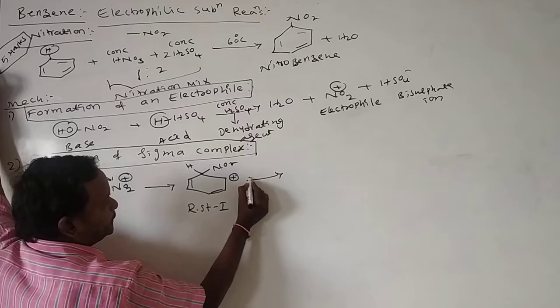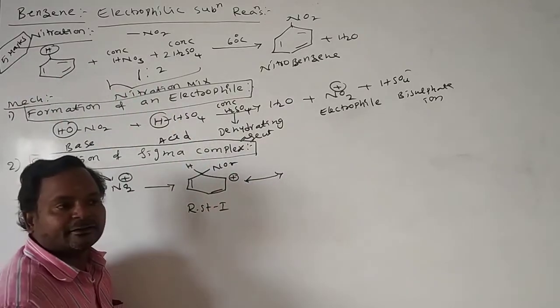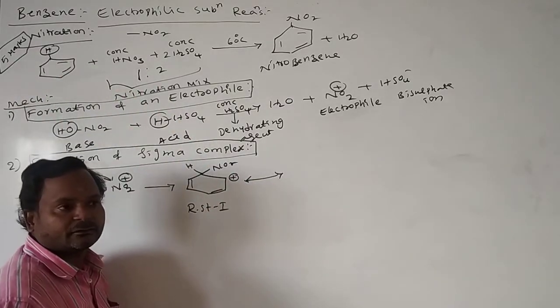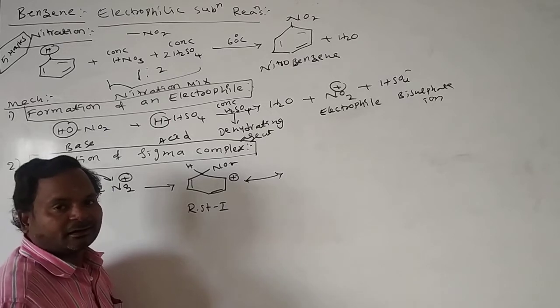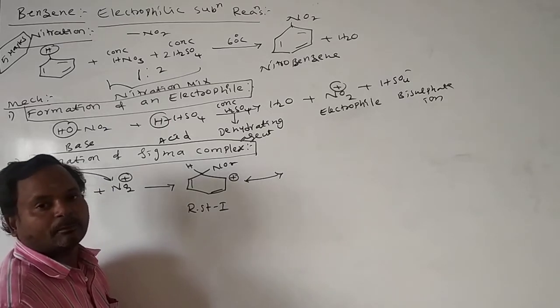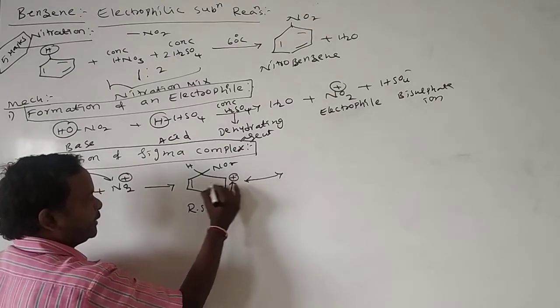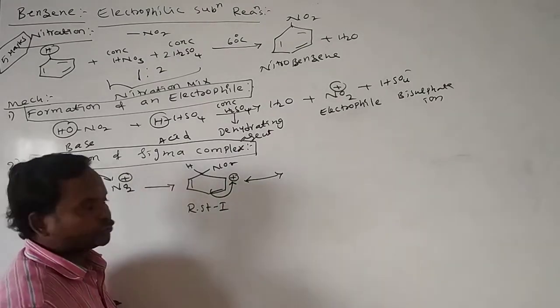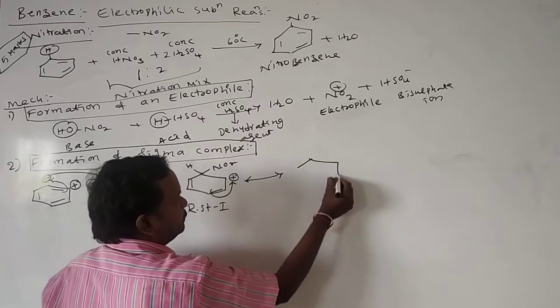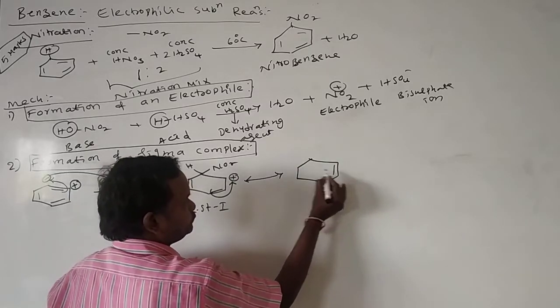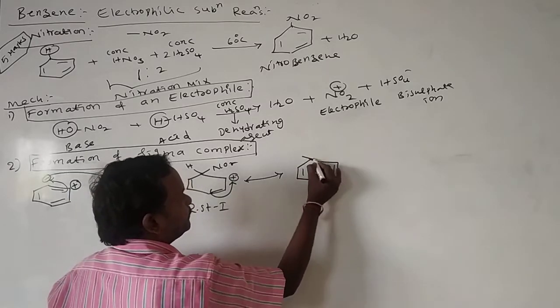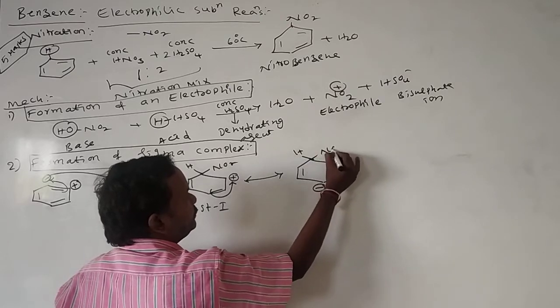It involves in resonance. Resonance means delocalization of pi electrons. Resonance gives stability to the molecule. That's why it involves in resonance. These pi electrons transfer towards the positive charge. Here bond, here H, here NO2.